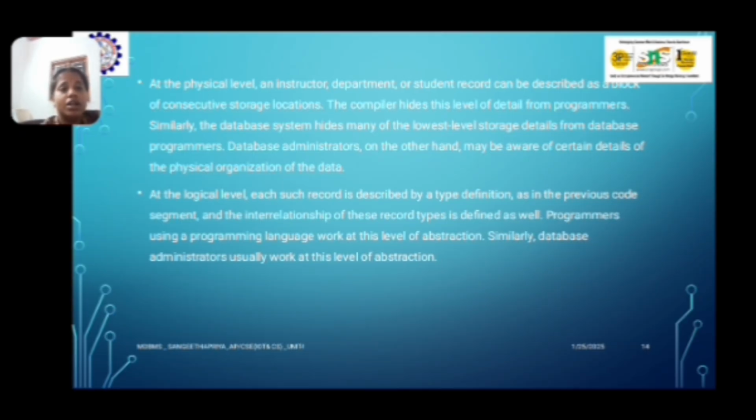At the logical level, each such record is described by a type definition as in the previous code segment, and the interrelationship of these record types is defined as well. Programmers using a programming language work at this level of abstraction. Similarly, database administrators usually work at this level of abstraction.